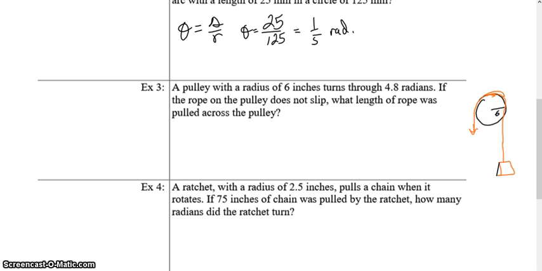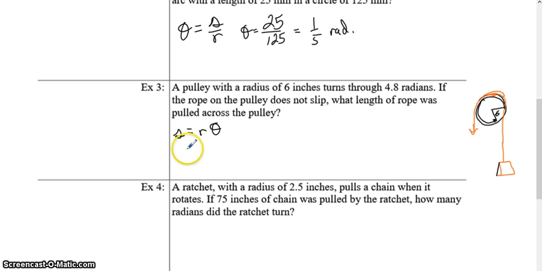Okay, now this pulley is going to turn 4.8, somewhere about there, let's say, radians. So again, if the rope doesn't slip, how much does that go up? How much rope is wrapped around that pulley? Well, that's really just the arc length.